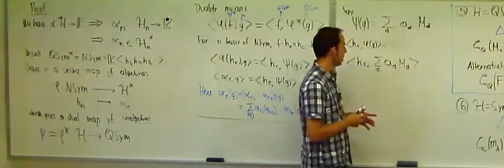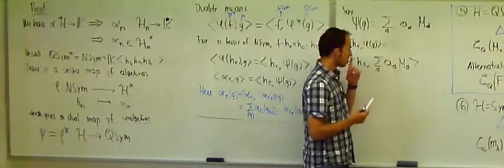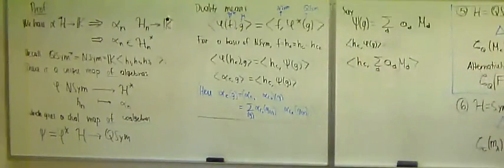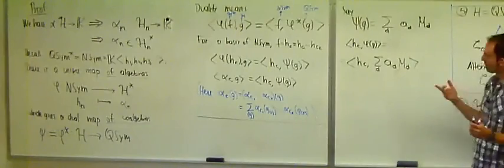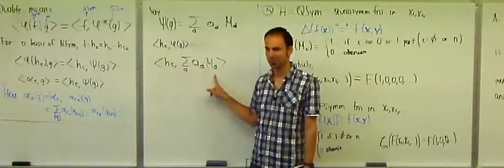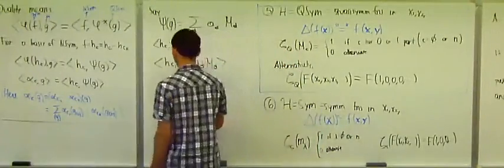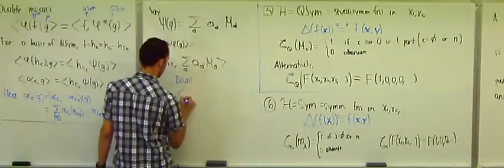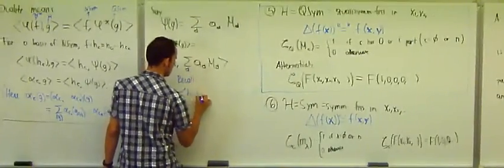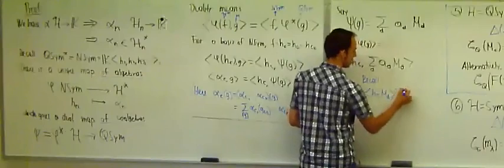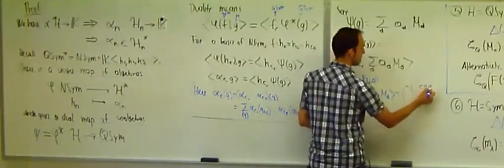Now, the other thing to remember here is that we discussed how NSYM and QSYM were duals to each other. And the dual basis to the H basis was the M basis. So one thing to recall is that because these bases are dual to each other, this is going to be 1 if C is equal to D and 0 otherwise.